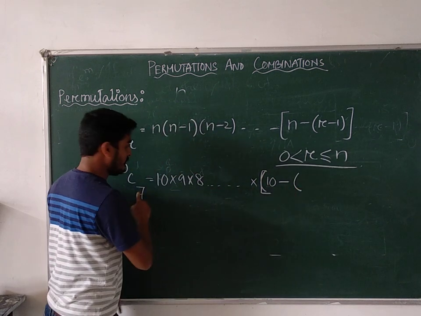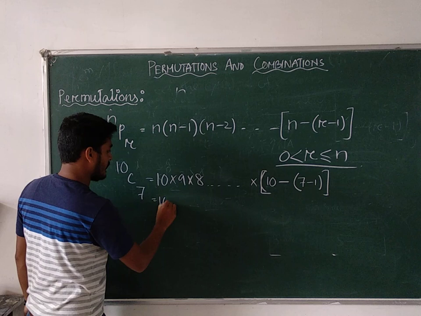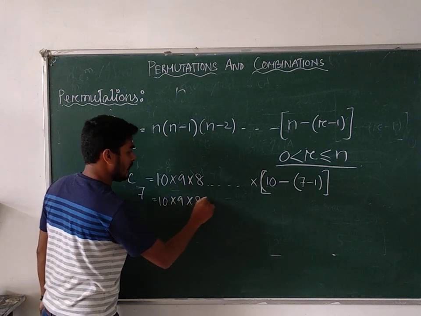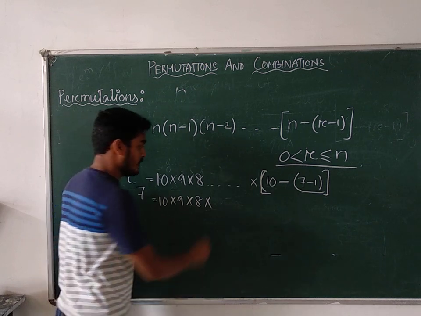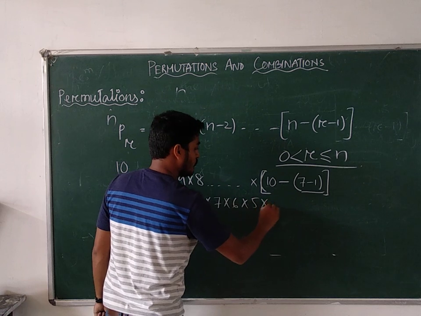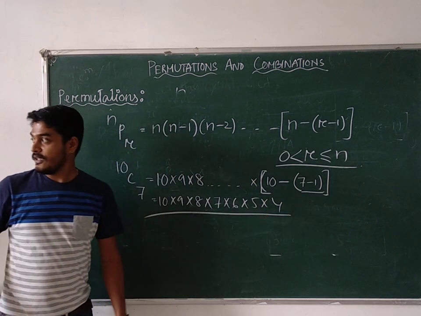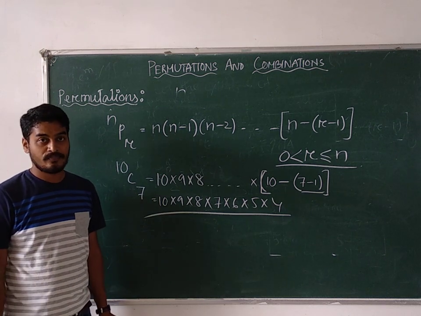What is the value of r here? 7 minus 1. So 10 into 9 into 8 into... 7 minus 1 is equal to 6, 10 minus 6 is equal to 4. That means up to 4 you have to write down. Is it clear? So I think you have got my point. In this way you have to write down the expression for this one.